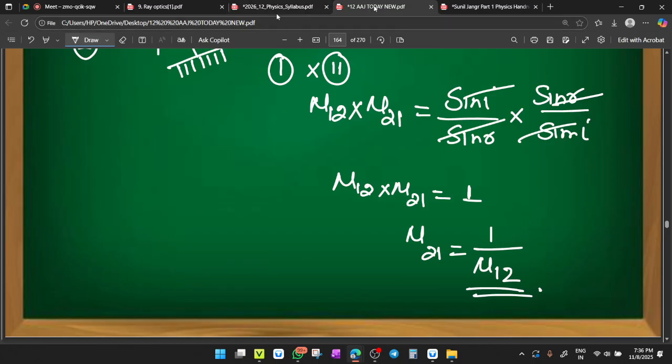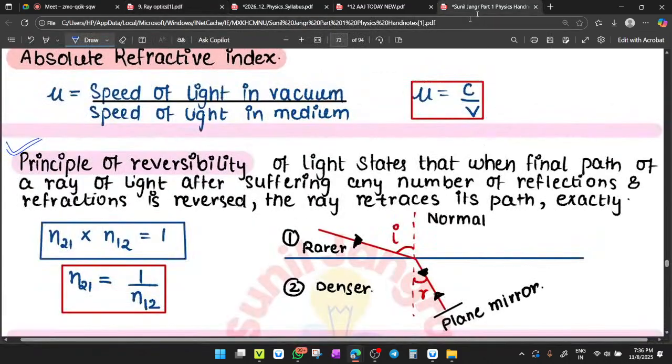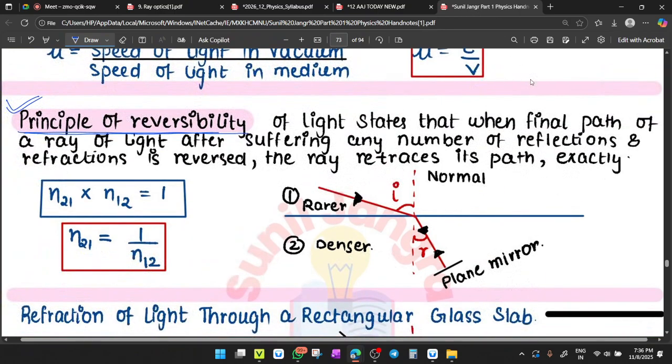This concept is called the principle of reversibility, not reciprocity. The principle of reversibility of light states that when the final path of a light ray, after suffering any number of reflections, is reversed, then the ray retraces its own path exactly.